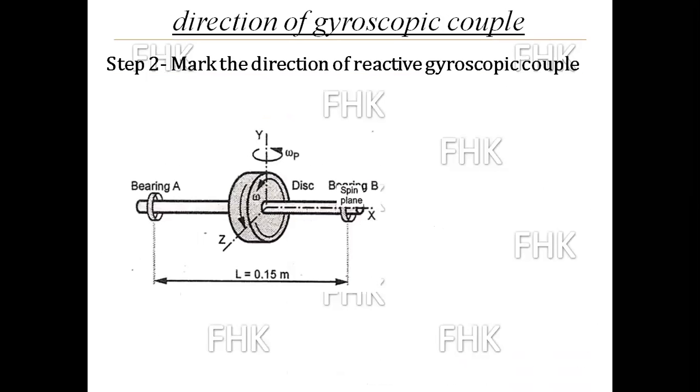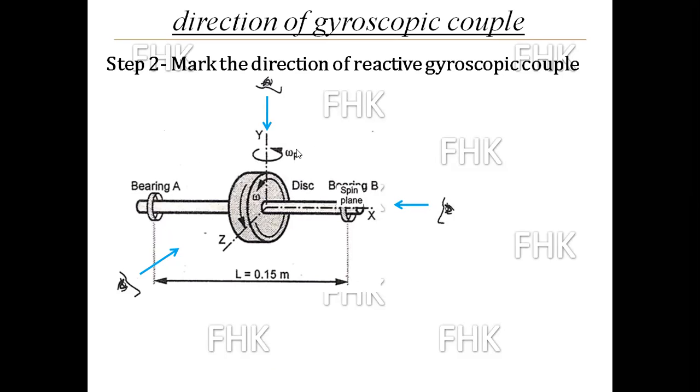As you are looking now, this is the front view, and this becomes the right hand side of the system. The precession of the complete system you can see from the top view. The complete system is precessing about the vertical axis in the anti-clockwise direction, as given in the problem statement.